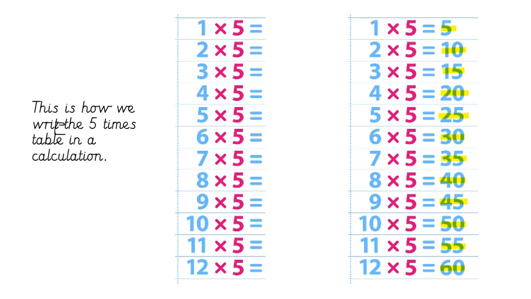Now remember, when you're doing the times tables, you don't have to write the 5 in the middle. If we take this one, for example, you could have 5 times 8, and that still gives you the same answer as 40. Okay, the 5 can be at the beginning or in the middle of the calculation.